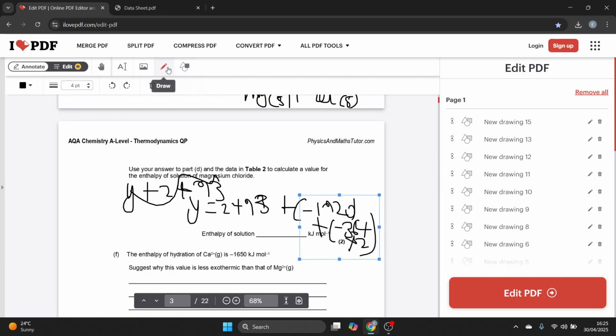So y equals 2493 plus minus 1920, plus minus 364 times 2, and you get minus 155. And let me just double check that in my calculator. I'll just put brackets around it.